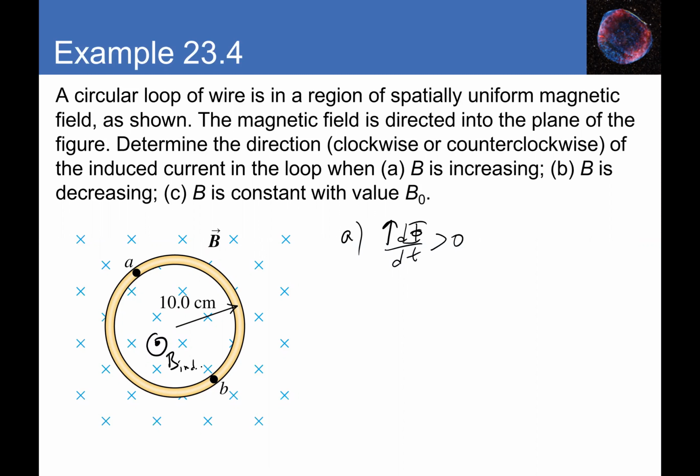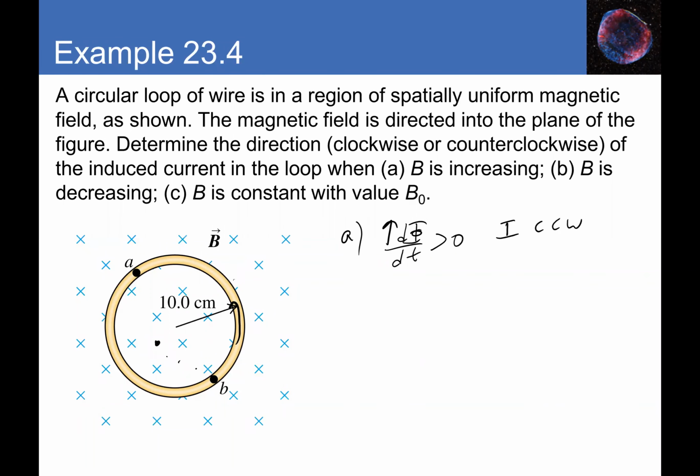That means it has to be out of the page. If that's the case, that means for part A, the current has to be counterclockwise, because if your thumb is out of the page, your fingers curl counterclockwise. So the current should be counterclockwise if the magnetic field is increasing.